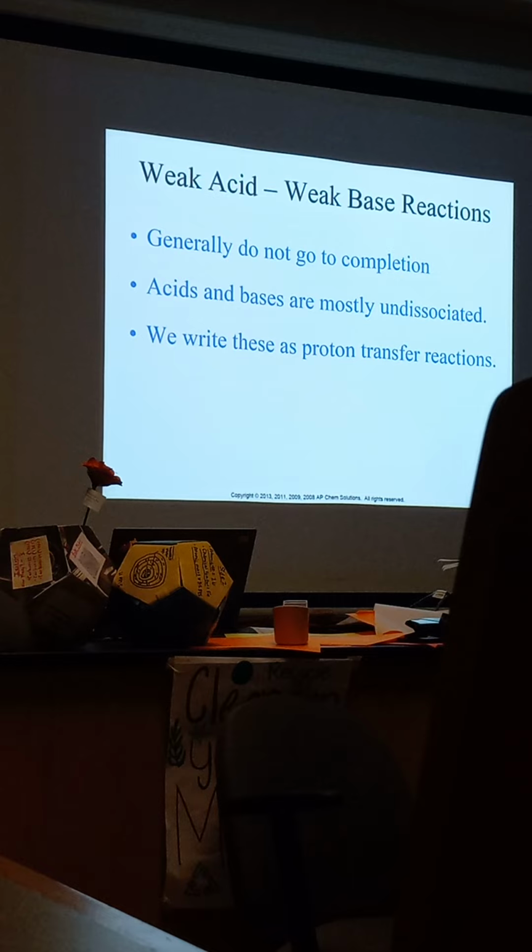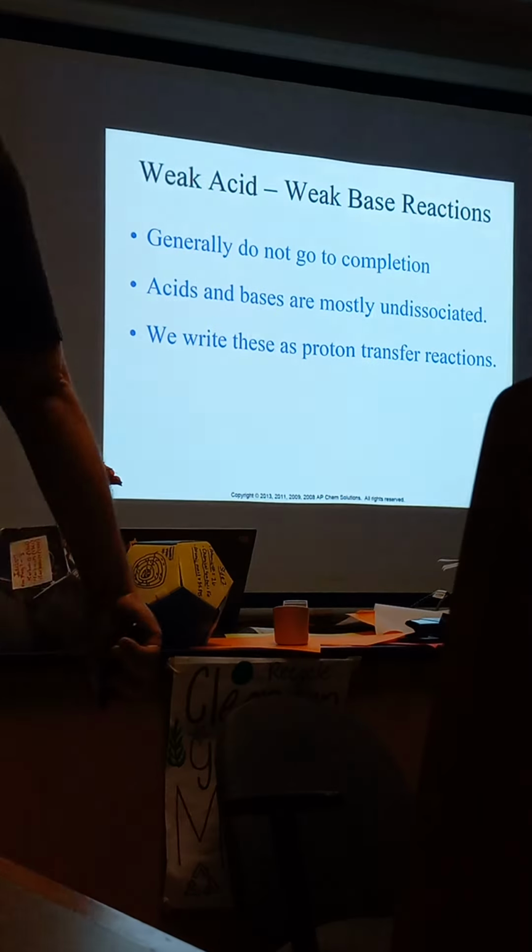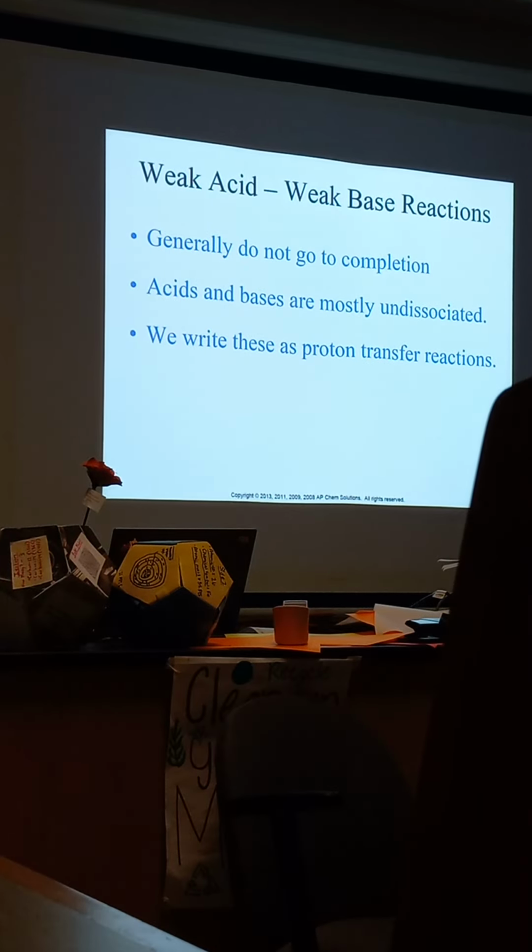But now, guys, if it's weak, is there any hope of completion? No. Correct. So acids and bases will be mostly undissociated, and we write these as proton transfer reactions, where the weak acid is giving a hydrogen to the weak base.